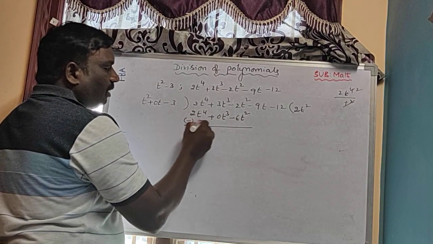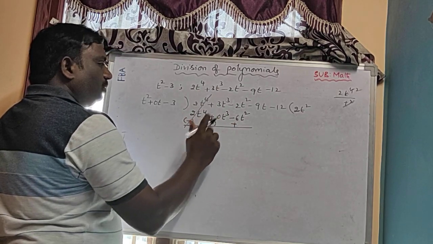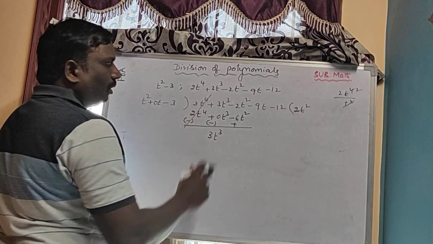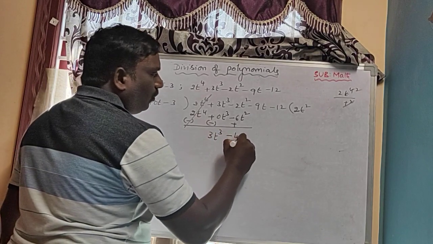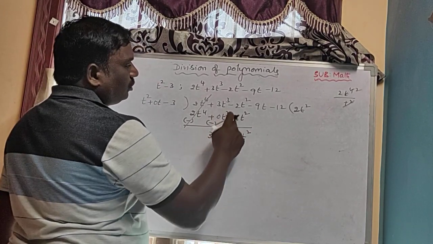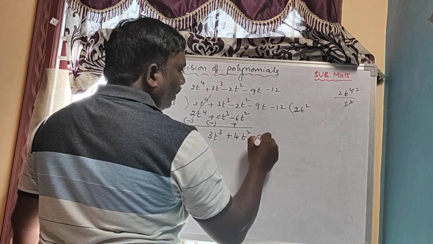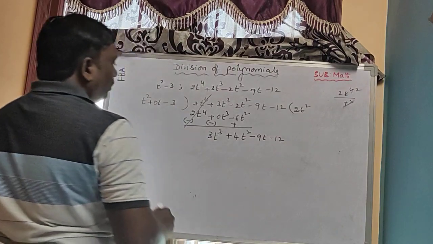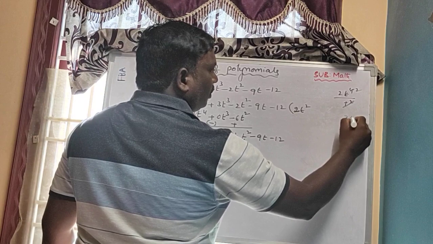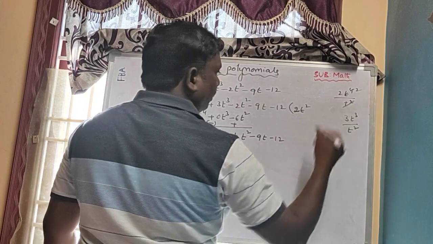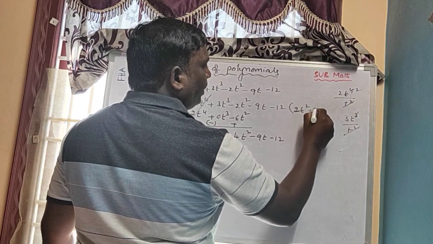So do the subtraction, the symbols will change: minus minus plus, both will cancel. 3 minus 0, 3 only, that is 3t cube. Minus 2 plus 6 is plus 4t square. The remaining values you can write as it is, minus 9t minus 12. Now 3t cube by t square is plus 3t.